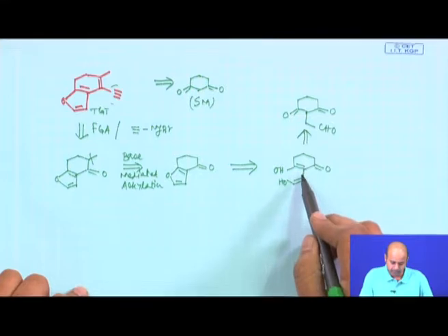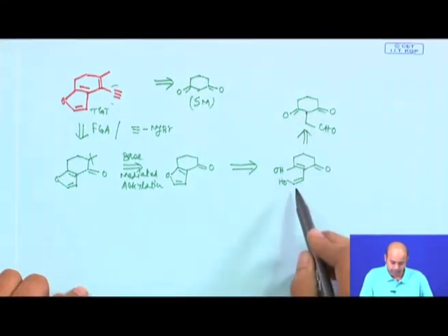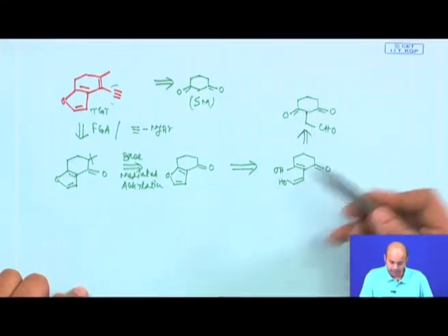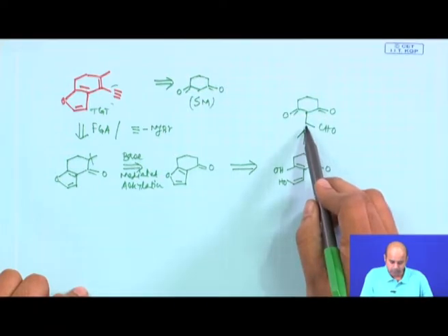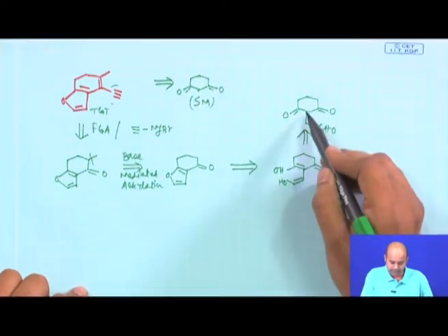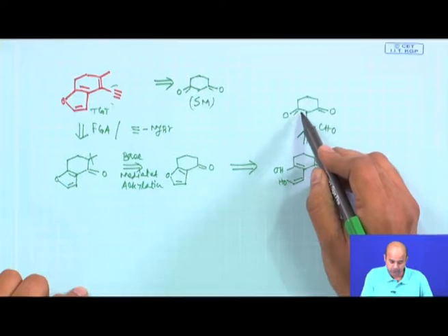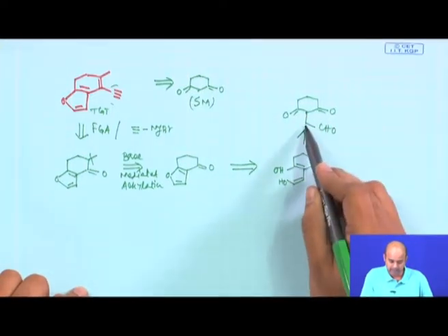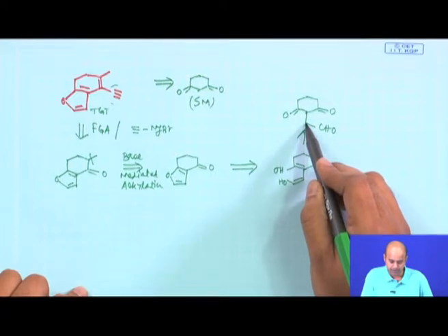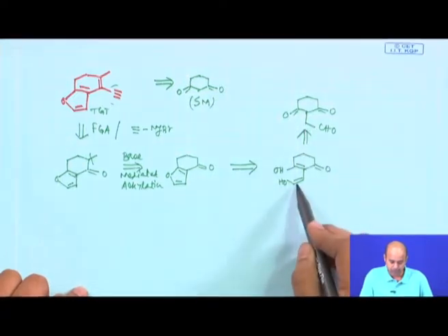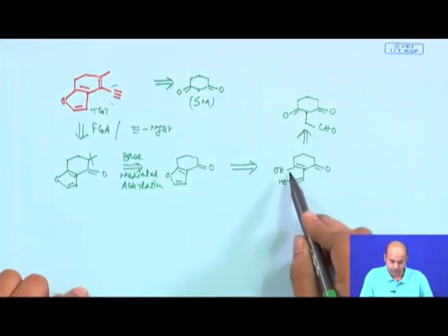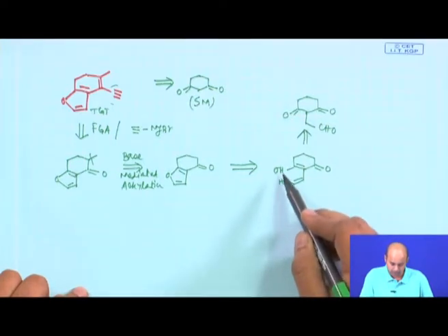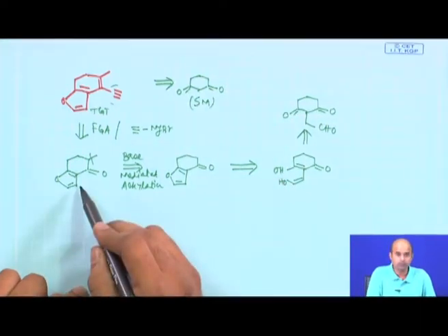This compound is prone to enolization. The acidic hydrogen is in a 1,3 diketone, so it will be instantly enolized to this vinylic alcohol. This aldehyde also has an acidic hydrogen that can also enolize to give this vinylic alcohol. Now, both of these two vinylic alcohols will undergo a dehydration reaction to give you furan.